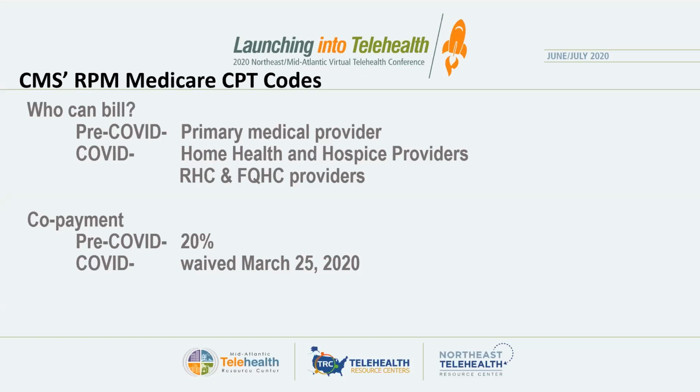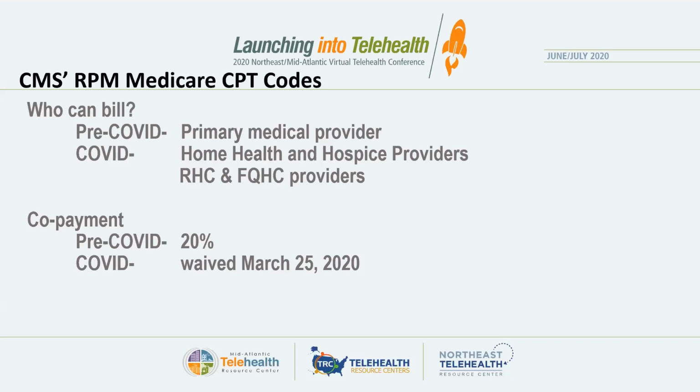Pre-COVID, the primary medical provider of the patient. And you ask, well, is that the primary care provider, or is it the cardiologist, or is it the endocrinologist? The answer to the question is, who is primarily managing the patient's chronic disease?